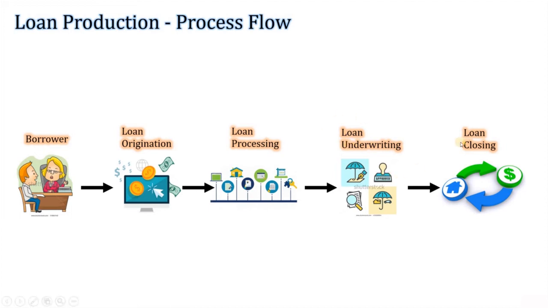The final stage is loan closing and funding. After the loan is underwritten and the borrower agrees with the loan terms, the loan moves into the closing and funding stage, when the actual contracts are signed, the property is registered, and seller payments are cleared.